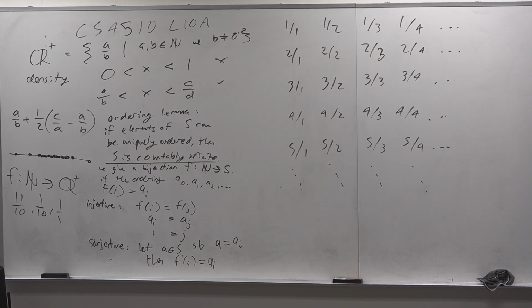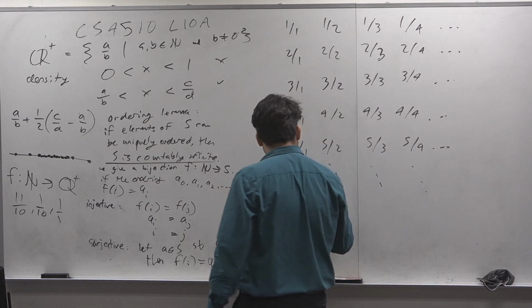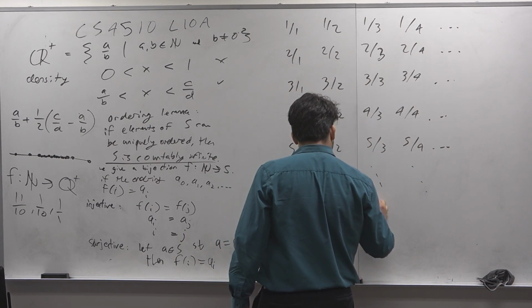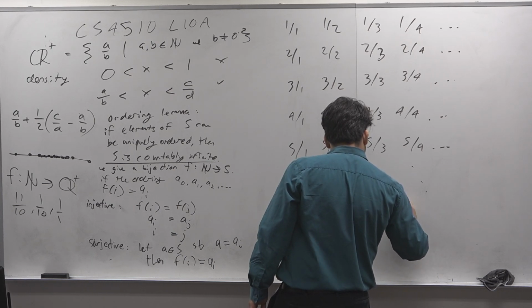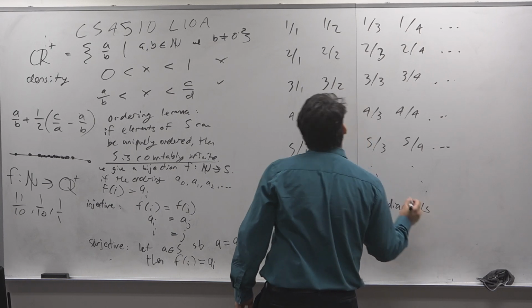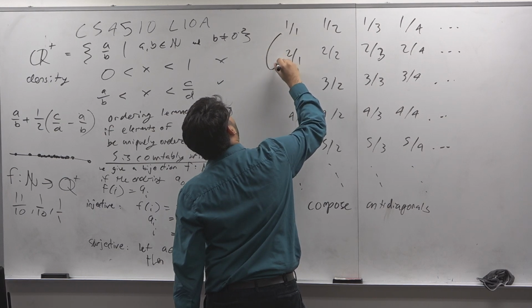Has anyone seen this before? Does anyone have any conjecture? Yes. So here's the first thing. We're going to compose anti-diagonals. What that means is we're going to go in this order.